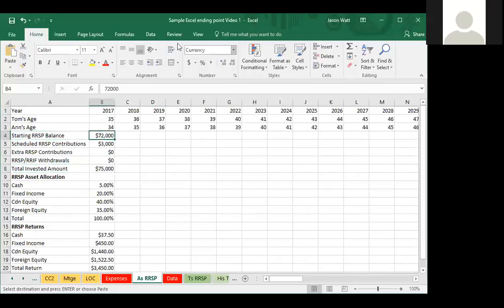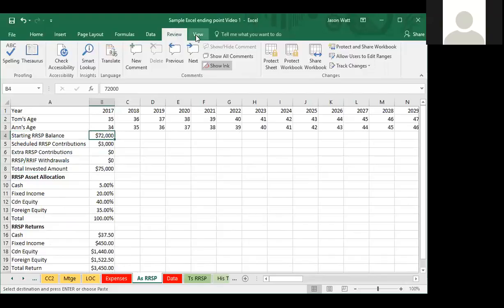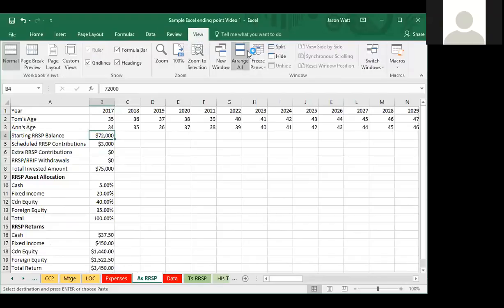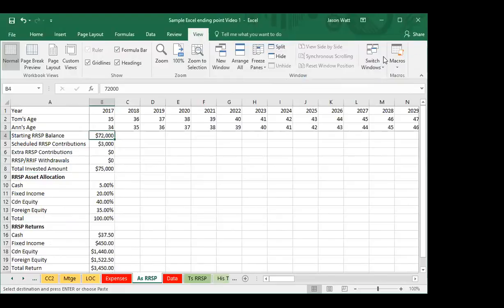And we're going to do our typical freeze panes here. And we've got, we have to obviously manipulate this stuff. So Ann, let's say, has a starting RSP balance of $88,000.